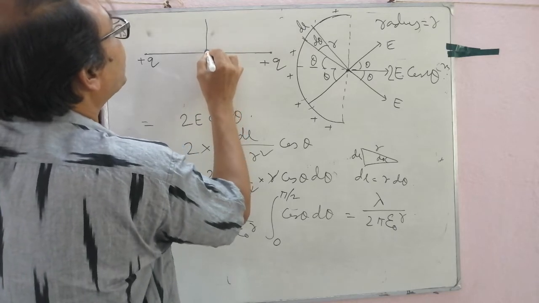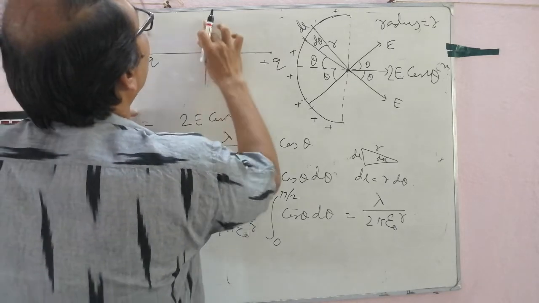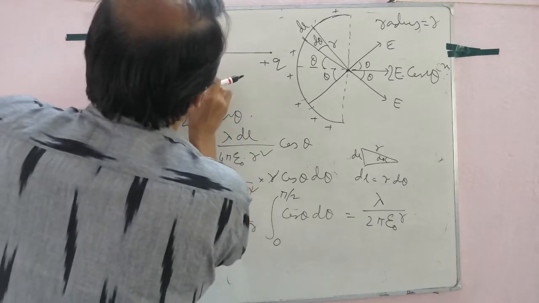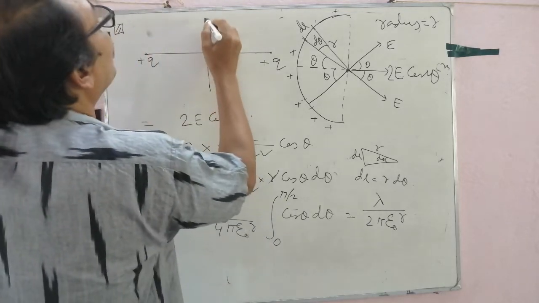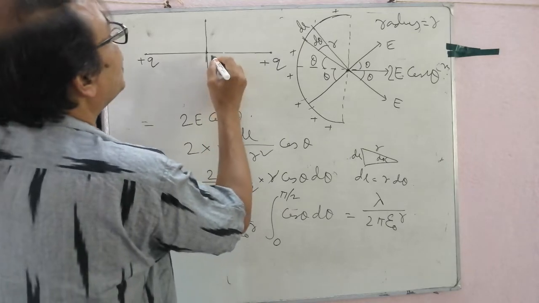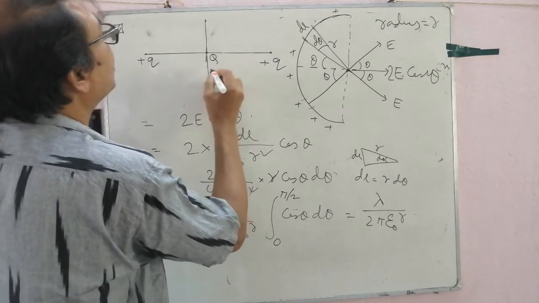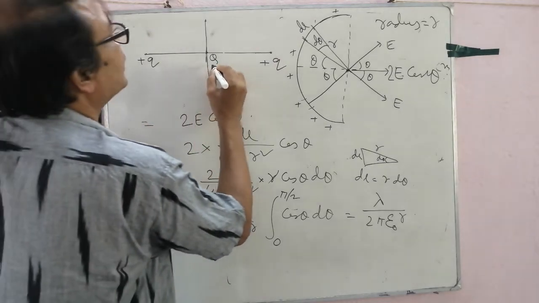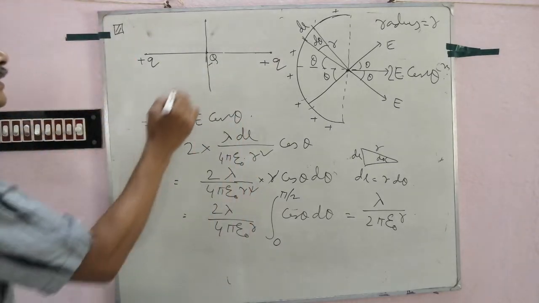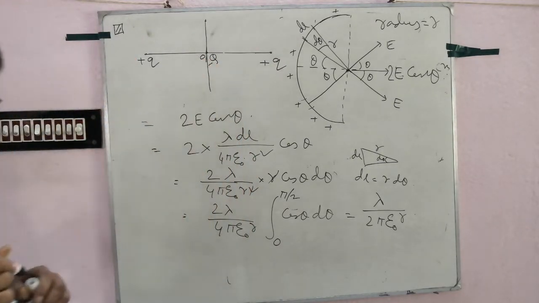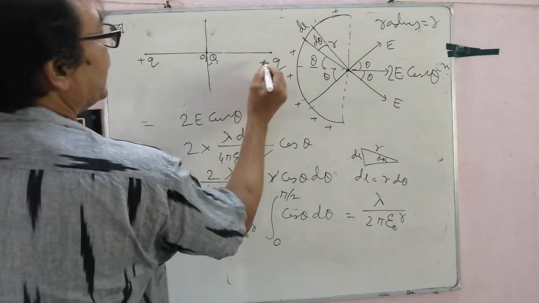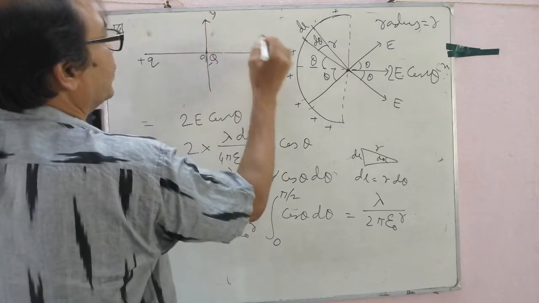This is the y axis. Here is a small q charge, maybe minus, suppose a minus charge, negative. At the origin, a negative charge is placed. This is the x-axis, y.